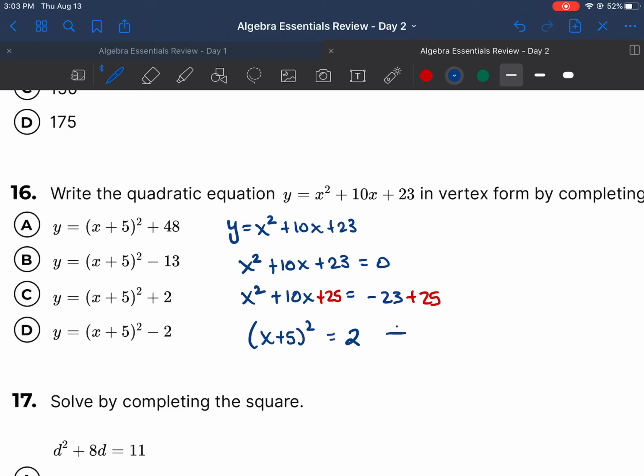Now, moving the positive 2 back over to the other side, we would have x plus 5 squared minus 2 equals 0. And this piece right here is what our vertex form would become: y equals x plus 5 squared minus 2, which is answer choice D.